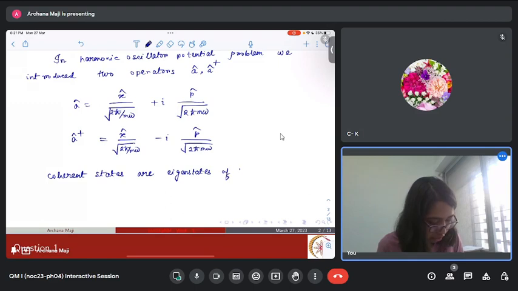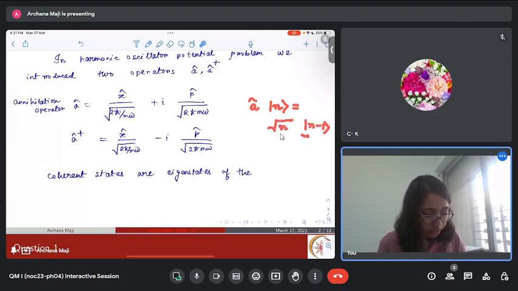This is the annihilation operator because if we are in an n particle state, A acting on that state takes us to the n minus 1 state, that is, to a state where there are n minus 1 particles.